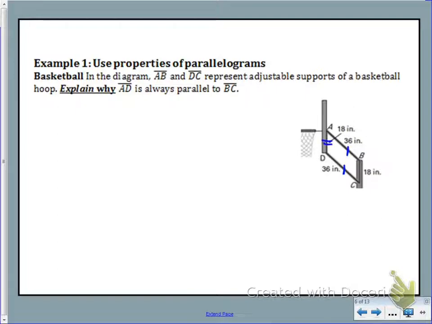Another thing that we know is the length of AD is equal to the length of BC because they're both 18 inches. So looking at this, it's not only a quadrilateral, but it's also a parallelogram because both pairs of opposite sides are congruent.